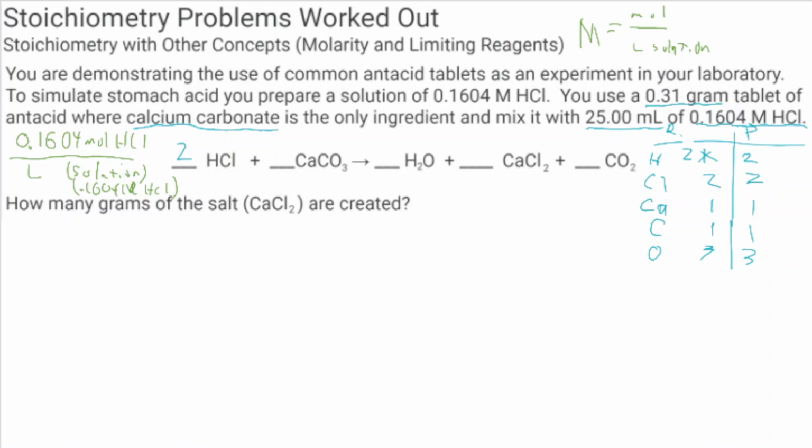We need to figure out how many grams of calcium chloride we're making. To do this, we'll start off with the grams of calcium carbonate first.